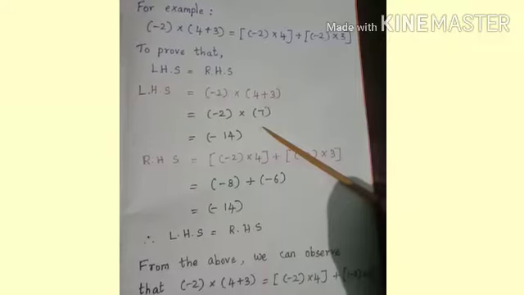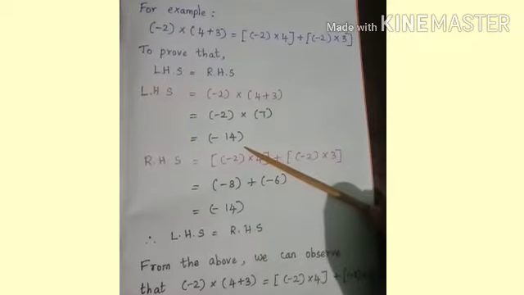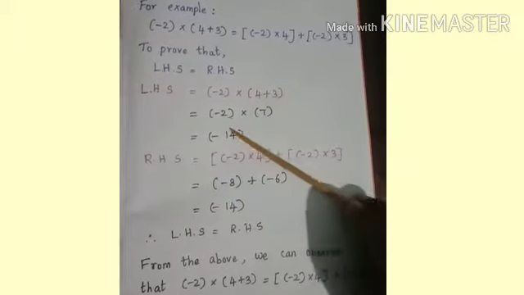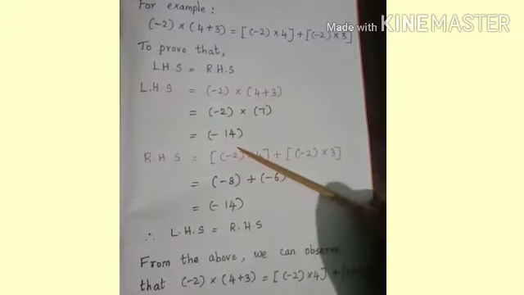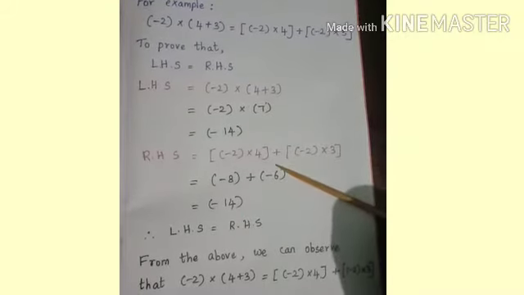We know that multiplying a negative integer and a positive integer always gives a negative integer. Recall the multiplication integer rule, that is minus into plus gives minus. Therefore, minus 2 into plus 7 gives minus 14.